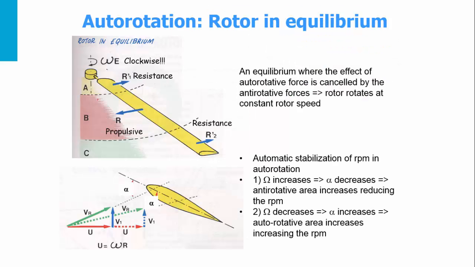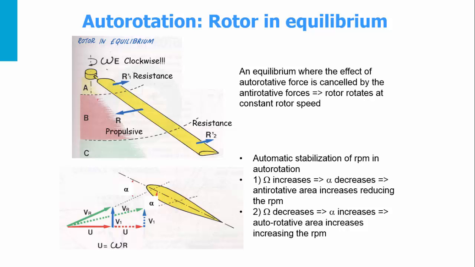In autorotation the rotor is in equilibrium. So as I told you, it is region A with a resistant force, region B with a propulsive force, and region C with, again, a resistance force. An equilibrium where the effect of the autorotative force is cancelled by the anti-rotative forces, and the rotor rotates at constant rotor speed.